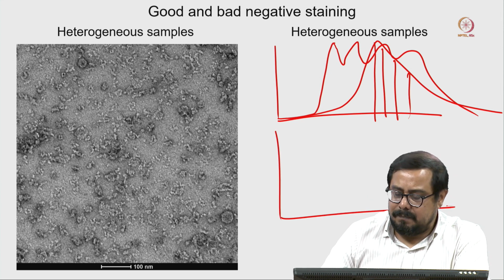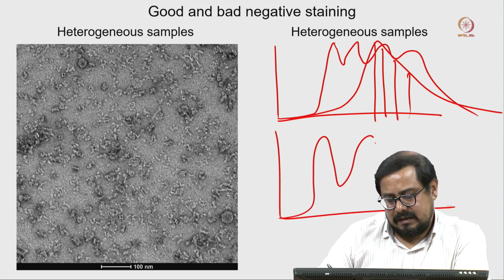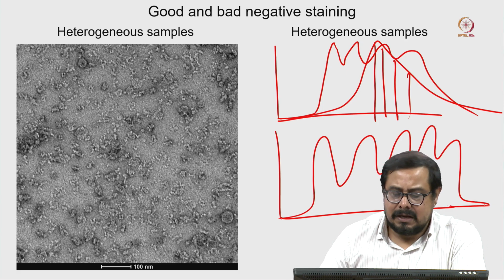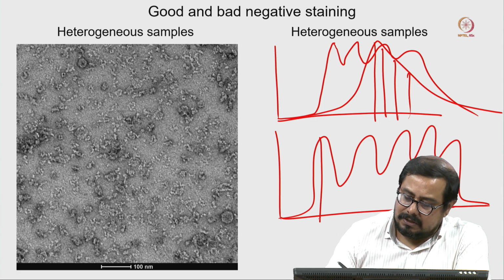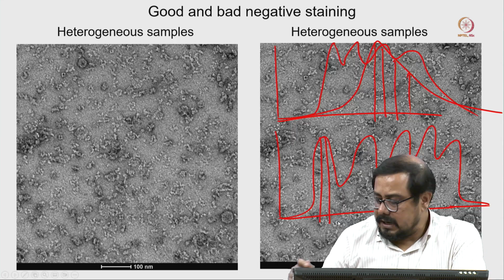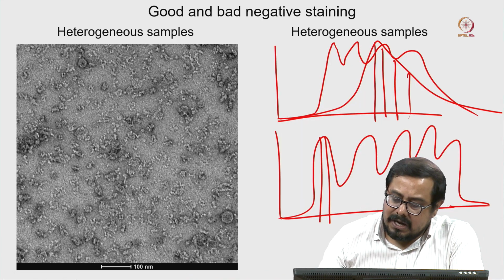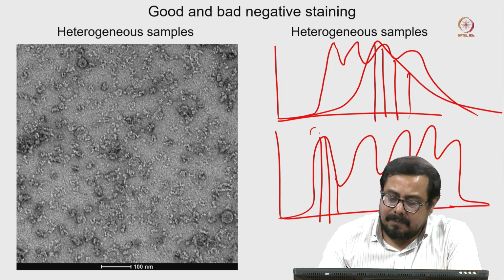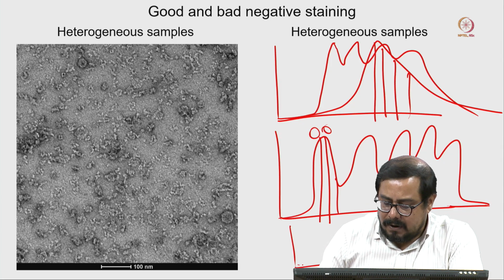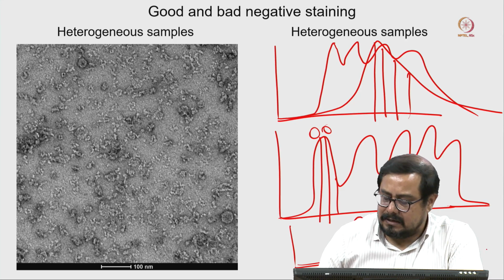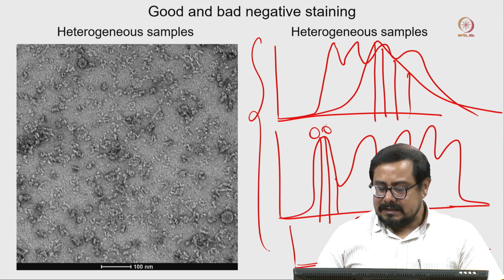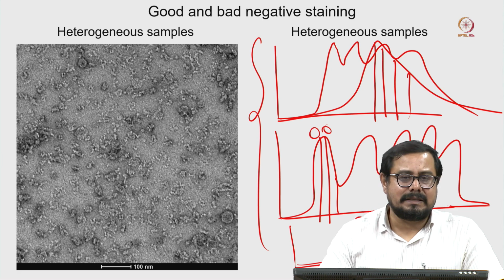So when you have a peak like this, you can see there is no separate peak. Here you will get a protein of one molecular weight, here a different molecular weight, and here another. So at different areas you have different molecular weights. If you have an SEC profile like that, it tells us that our purification has some problem.